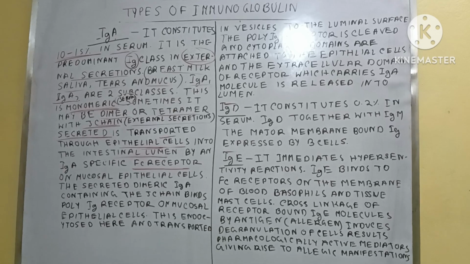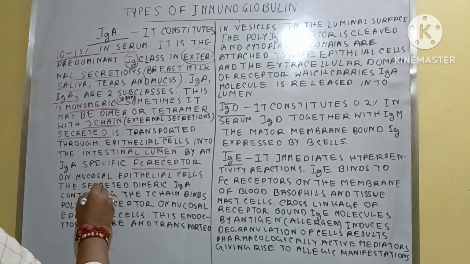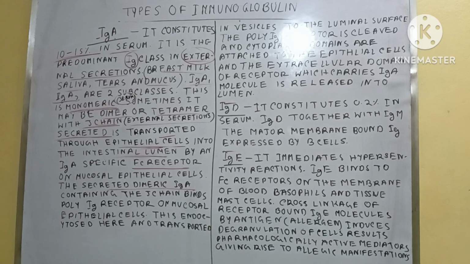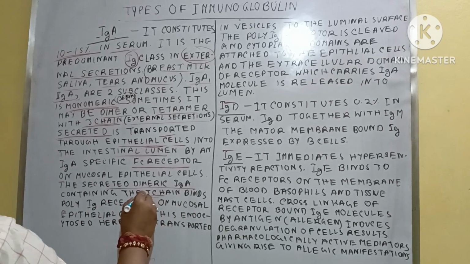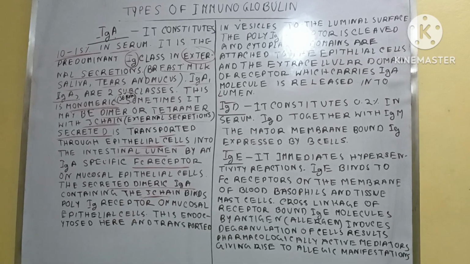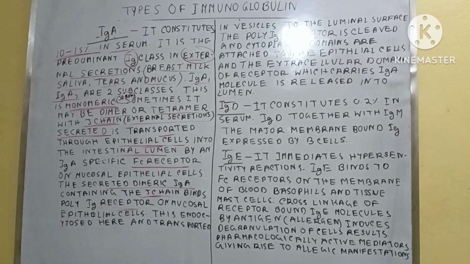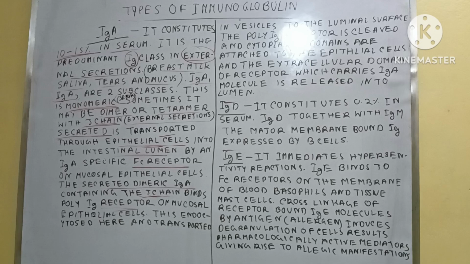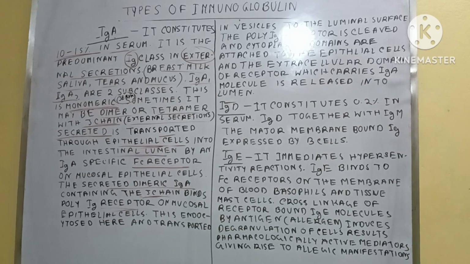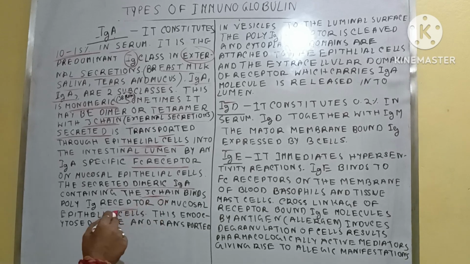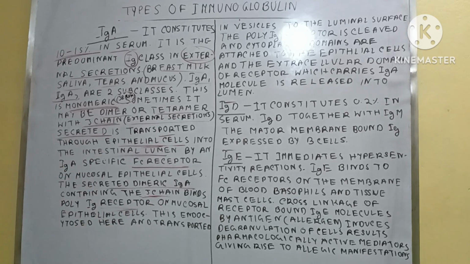This secreted dimeric IgA contains not only the J chain but also the Ig receptor. In the dimeric form we can see the J chain and the Ig receptor, and these are found in the mucosal epithelial cells. They bind to each other.